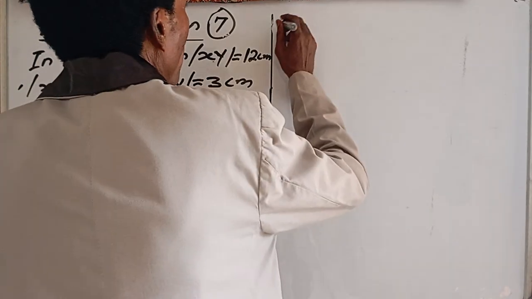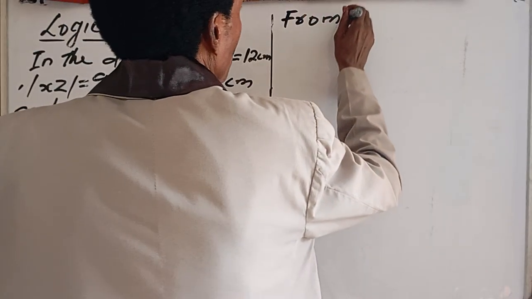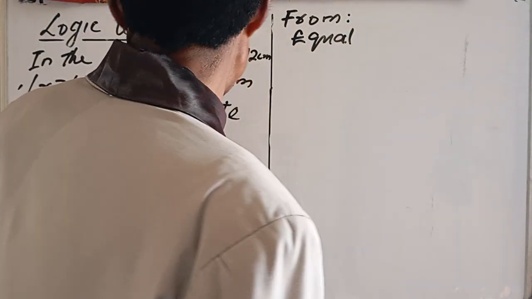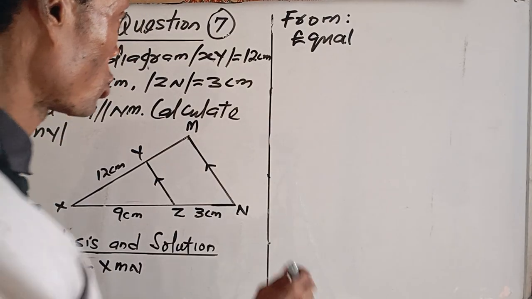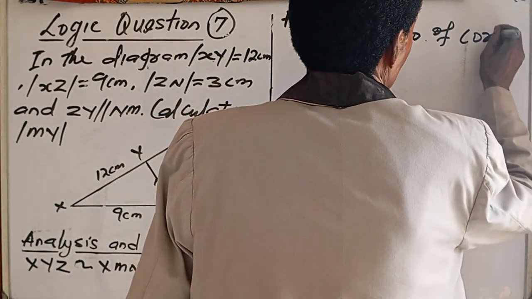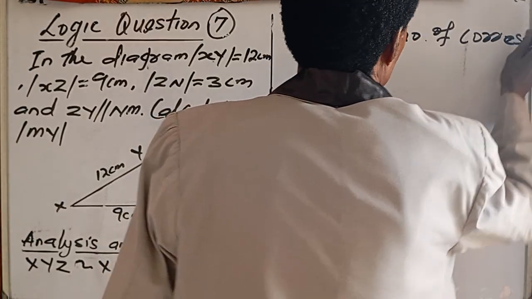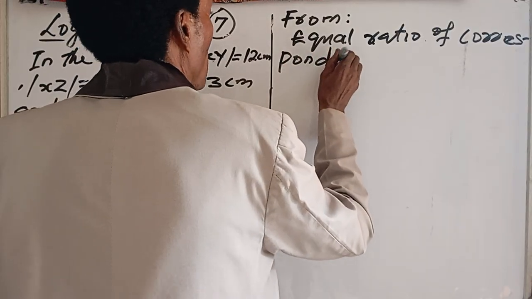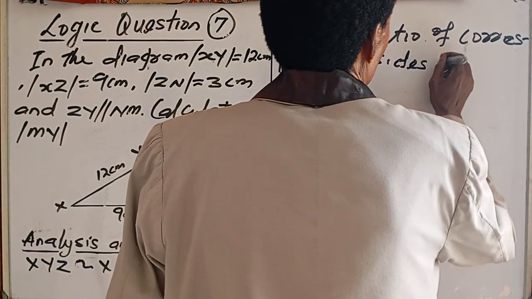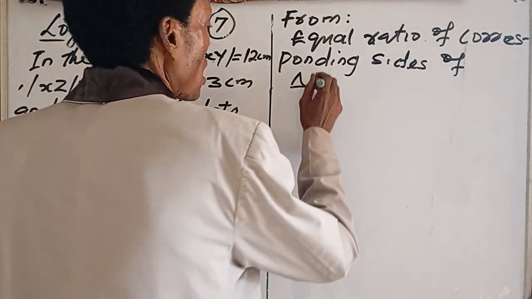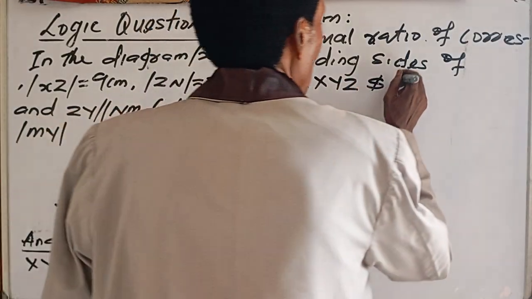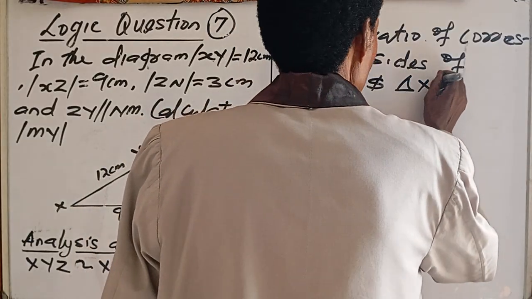So we now say, from equal ratios of corresponding sides of triangle XYZ and triangle XMN.